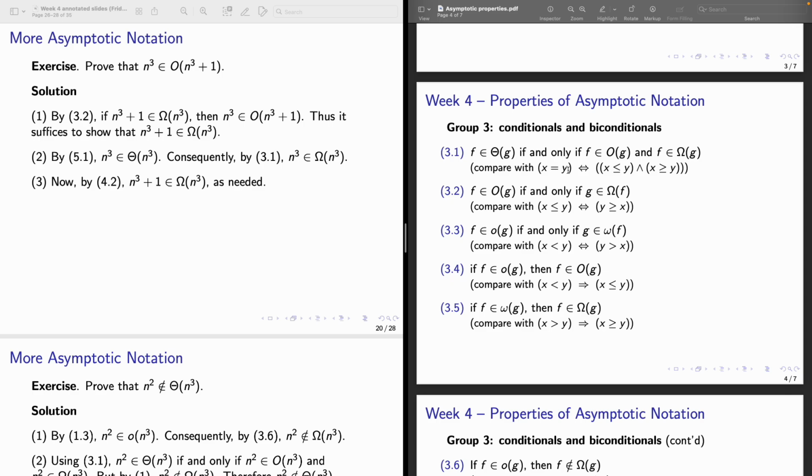Same thing with these less than or equal to and greater than or equal to analogs and the analog to being equal. So because n cubed is in big theta of itself, we're able to conclude that it's in big omega of itself. It's equal to itself, so it's greater than or equal to itself.